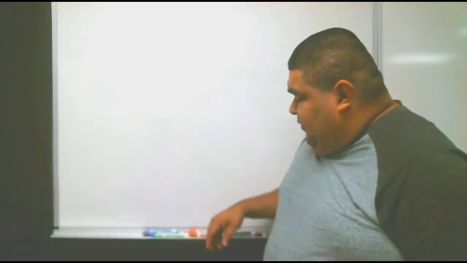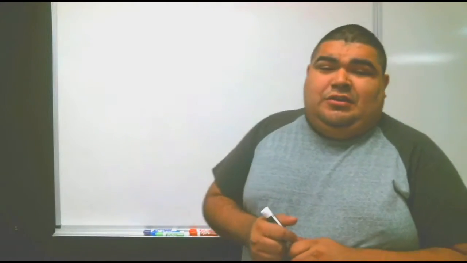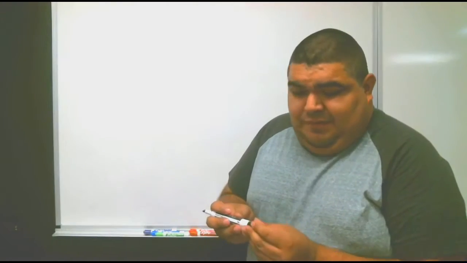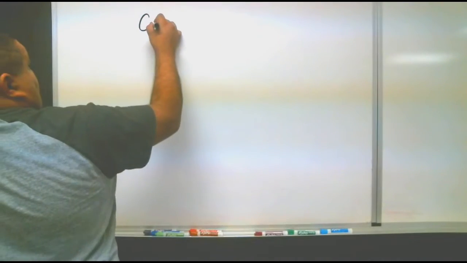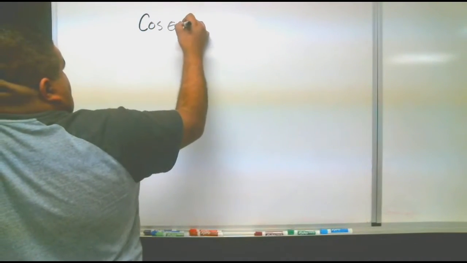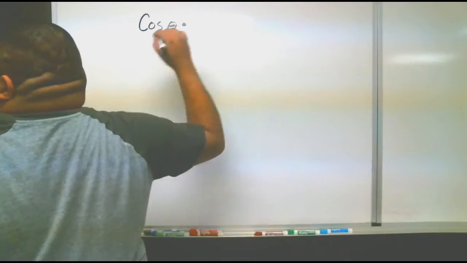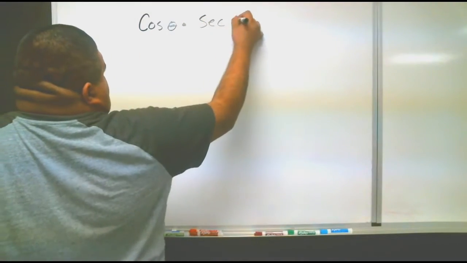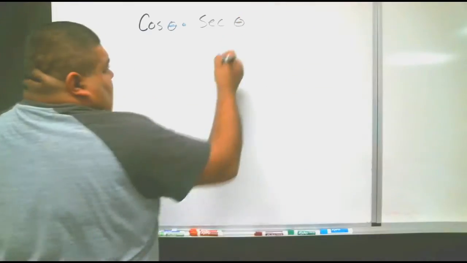Our problem for today is we're trying to simplify something very, very simple. We'll start with cosine theta times secant theta. So cosine theta times secant theta.